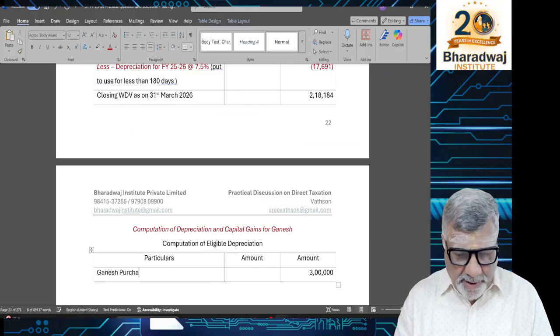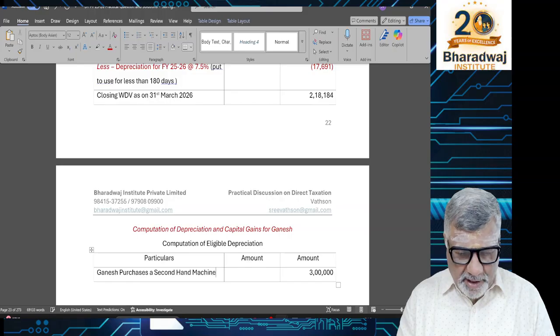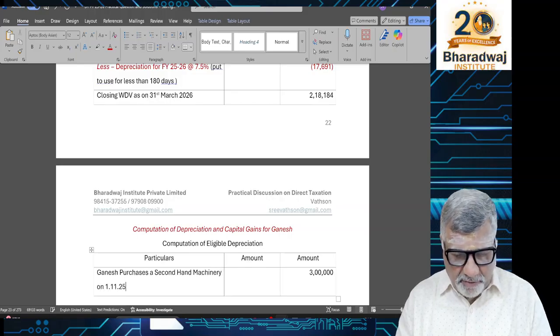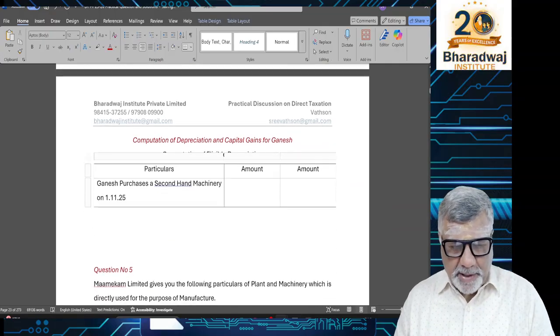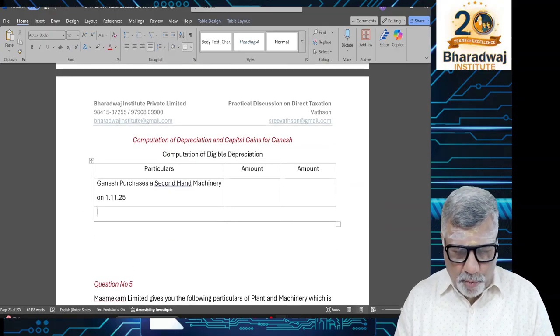Ganesh purchases a second-hand machinery on 1/11/25.